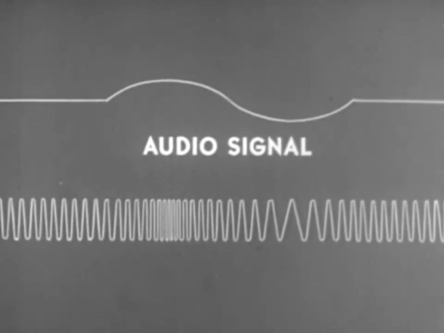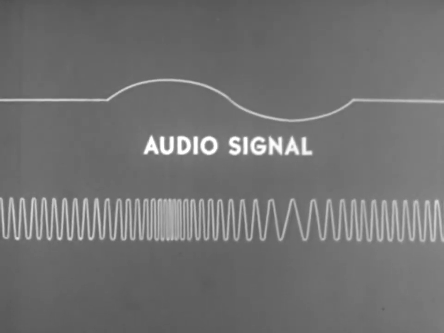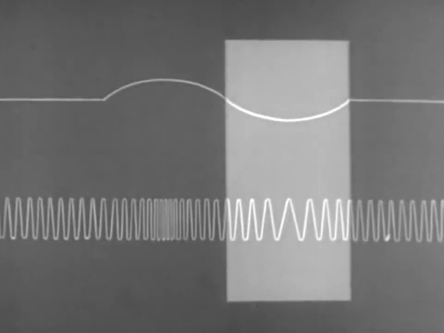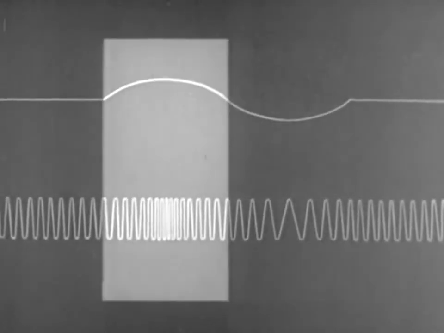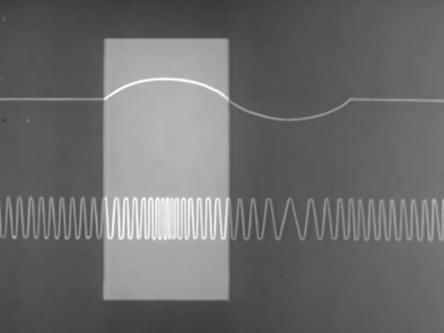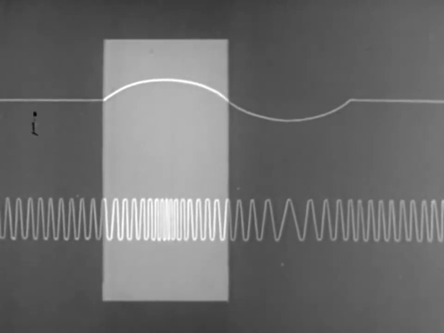A variation of the amplitude in the audio signal is accurately reflected by a frequency variation or modulation in the RF carrier. The negative half cycle of the audio made the carrier drop below rest frequency, and the positive half cycle of the audio made the carrier rise above rest frequency. The carrier's ability to reflect the amplitude of the audio signal can be easily visualized.